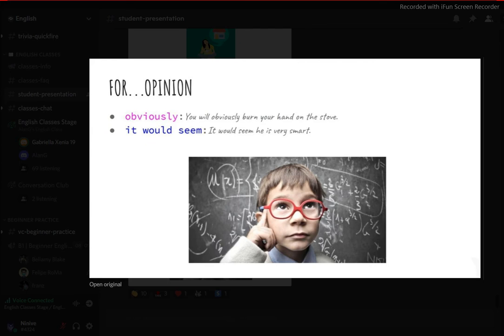Here we have an adverb, and we can see this because at the end we have the L and the Y. So we can read the example about it. You will obviously burn your hand on the stove. The other expression is it would seem. So it would seem he's very smart. Next slide.